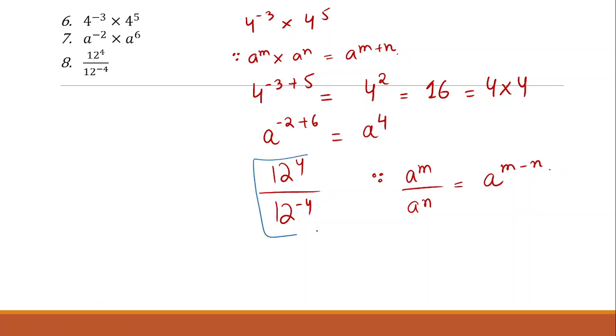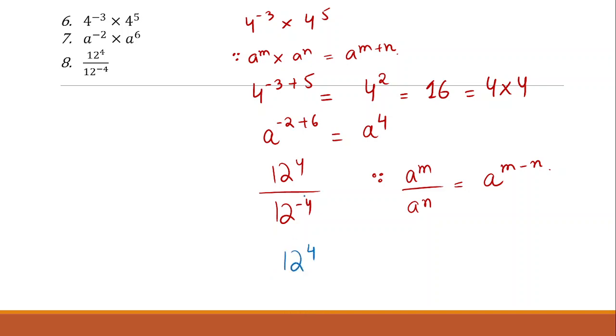Simplify it. Are you getting 12 to the power 0 equals 1? If you are getting this answer, then your answer is not correct, unfortunately. The correct answer will be 12 to the power positive 8. How? We will see.